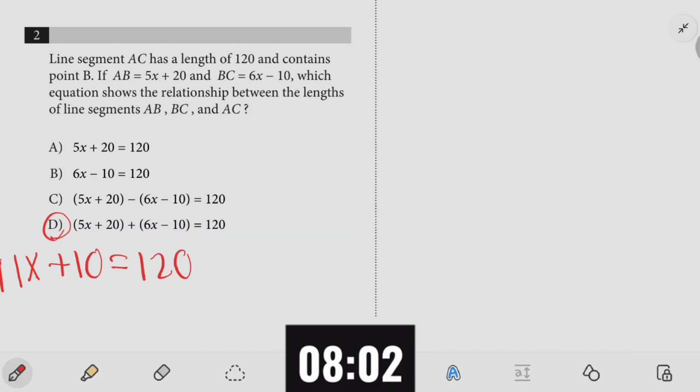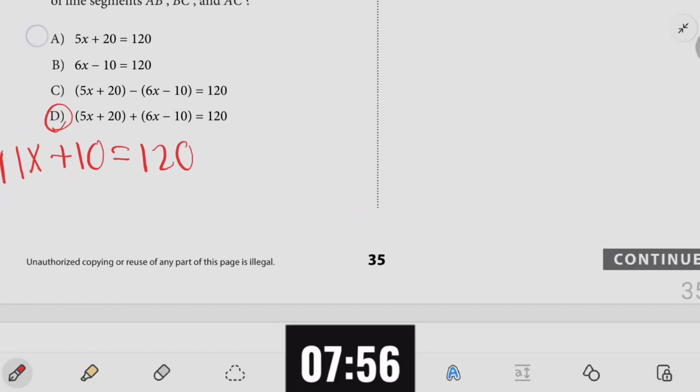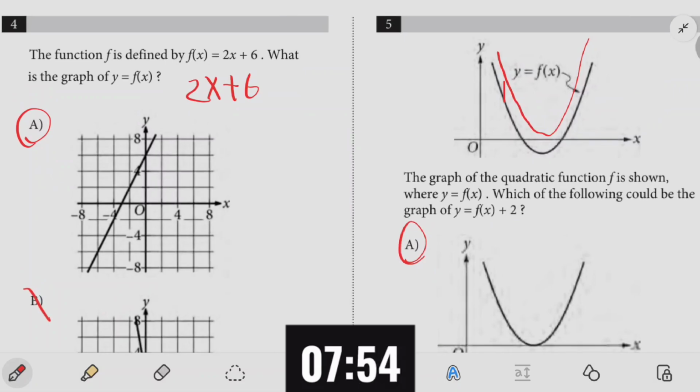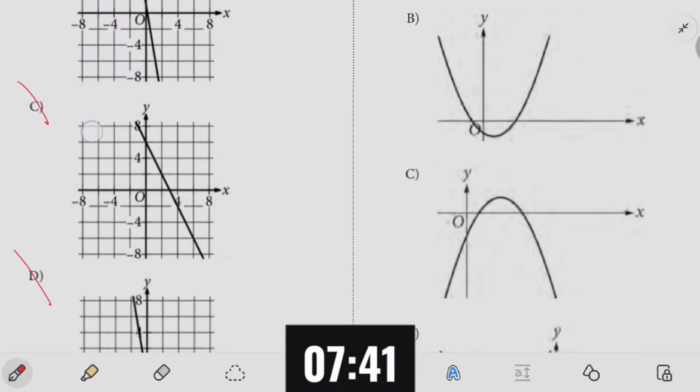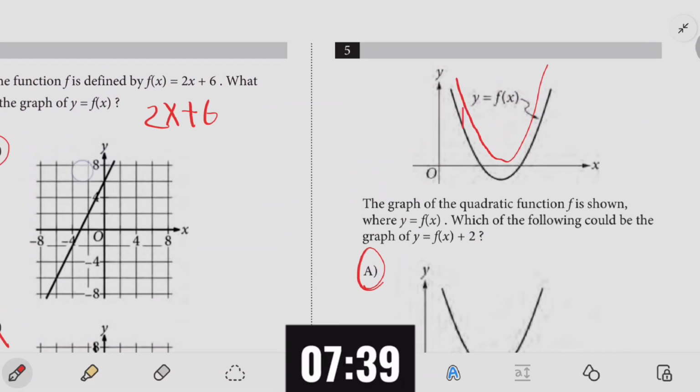You don't actually have to do actual math, you just do the setup. Yep. A rise of 2 over 1. Okay, a rise of 4 over 2, same thing, plus 6, okay. I don't know why these are so easy.